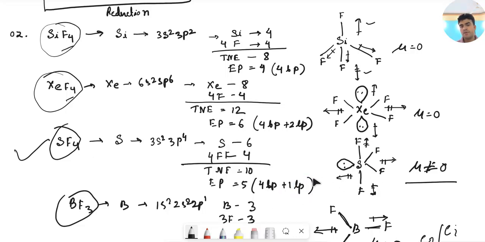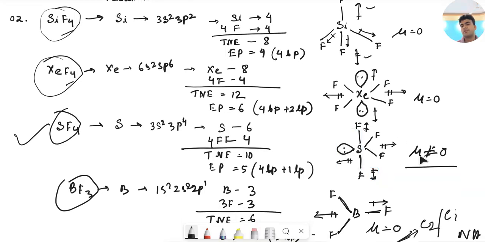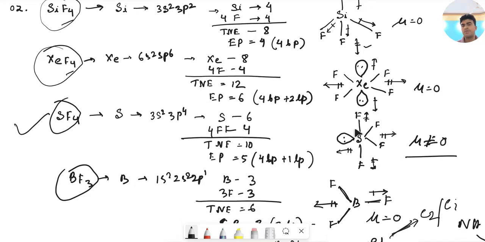The disposition will be trigonal bipyramidal, but the lone pair will occupy the equatorial position, 2 fluorine will occupy the axial position, and another 2 fluorine will occupy the equatorial position. Ultimately it will be a seesaw structure, and here you can see that it will have a permanent dipole moment as the opposite dipole moments will not cancel each other.